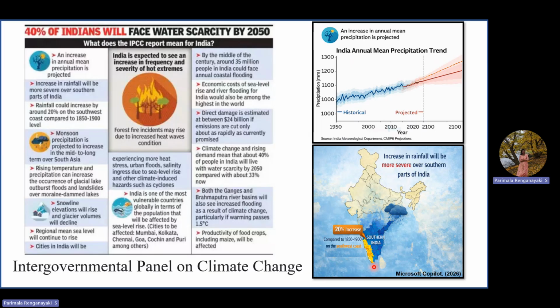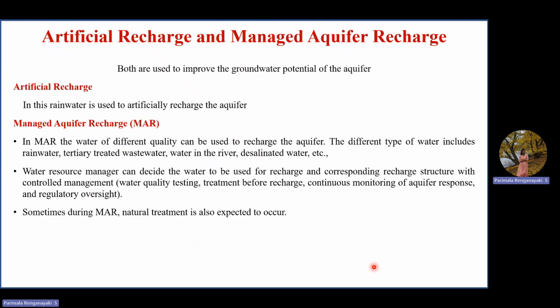All these things we can slightly manage. That's all. Completely, artificial recharge or managed aquifer recharge is not the solution to solve all these issues. But management to some extent is possible through artificial recharge and managed aquifer recharge.